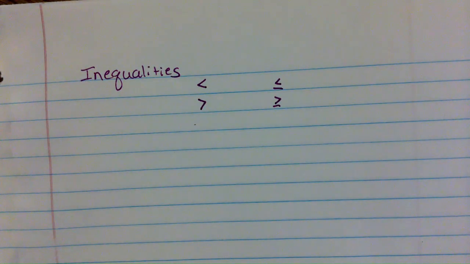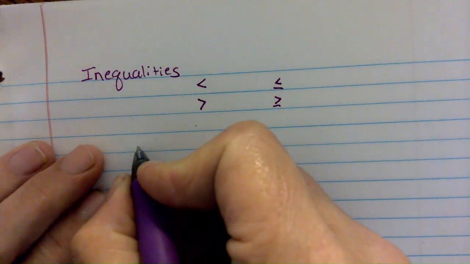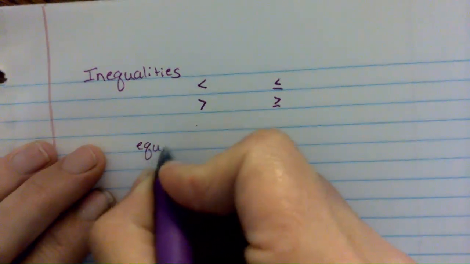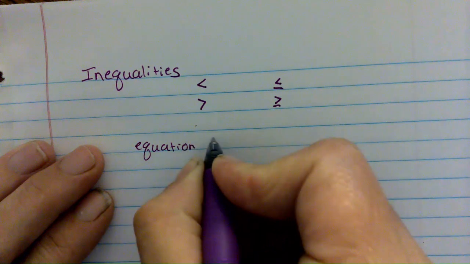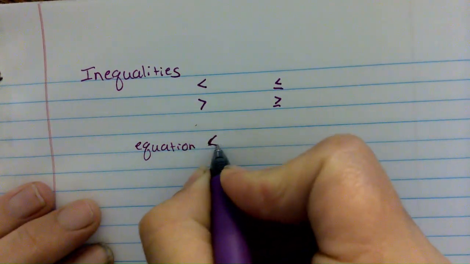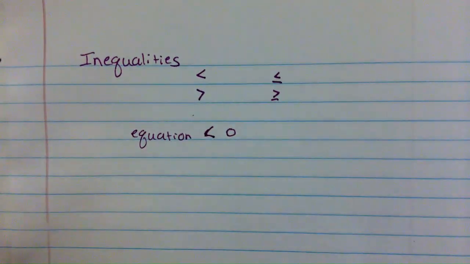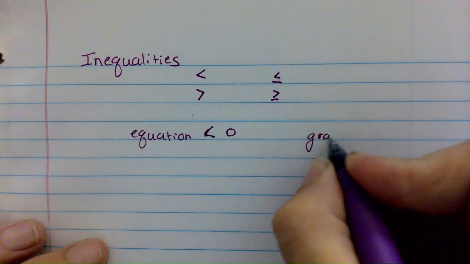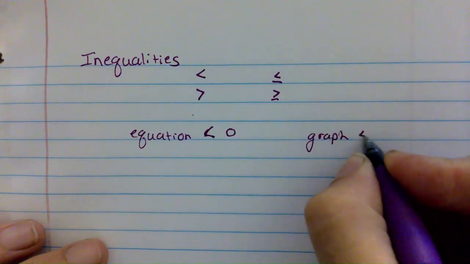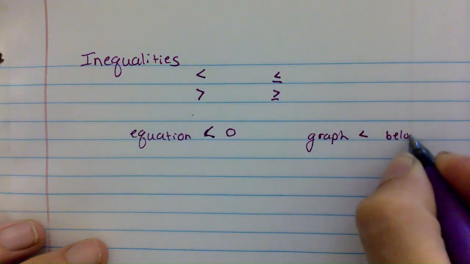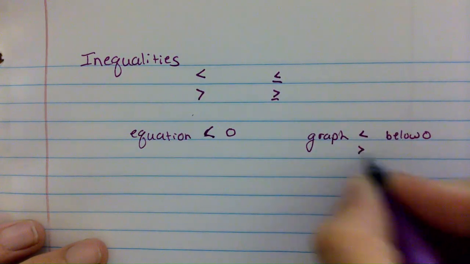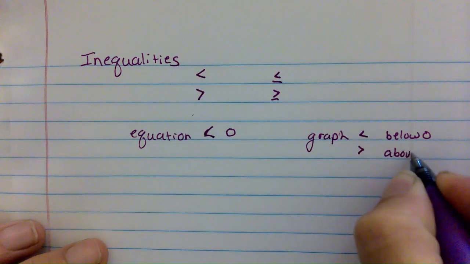If you are ever questioning it, the way to solve these is make it your equation and your symbol, could be one of the other four, compared to zero. And if you were to graph it, less than would mean below zero, whereas greater than would mean above zero.